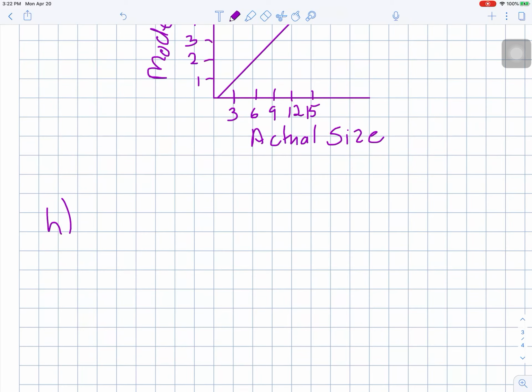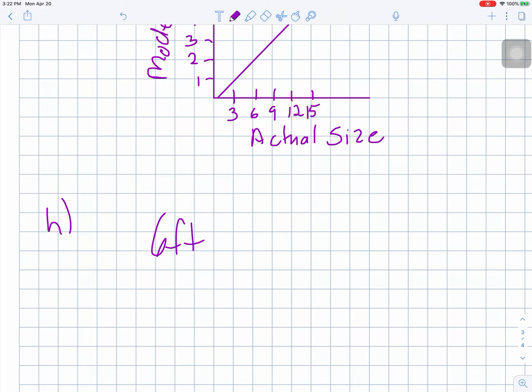Okay, and H. H says the statue of the standing World War II general is 1.5 times life size. Which is the most reasonable estimate of the height of the statue? So 1.5 life size.